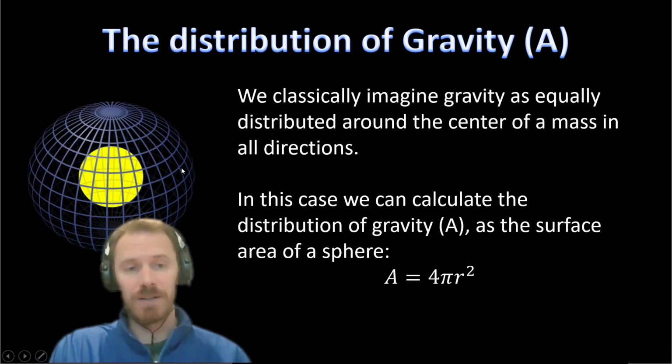So if we take a distance from the center of a mass and we look at all points of equal distance, this will create a sphere. And we can say that the distribution of gravity is equal to the surface area of the sphere, which is 4 pi r squared. If we take a closer distance, then we have a smaller distribution of gravity. If we take a further distance, then we have a larger sphere and a larger distribution of gravity.